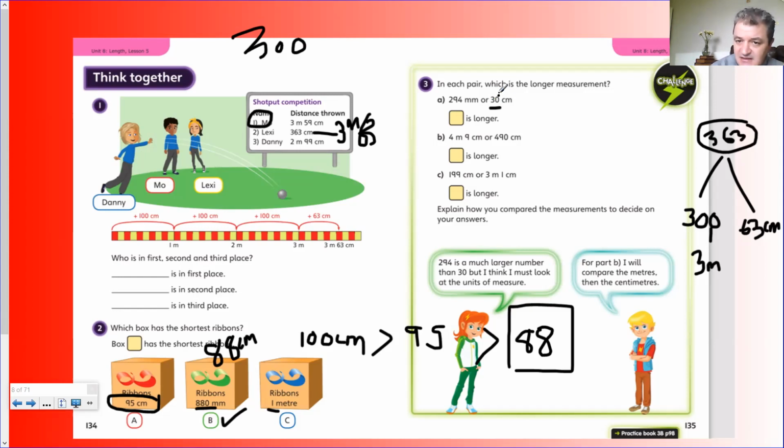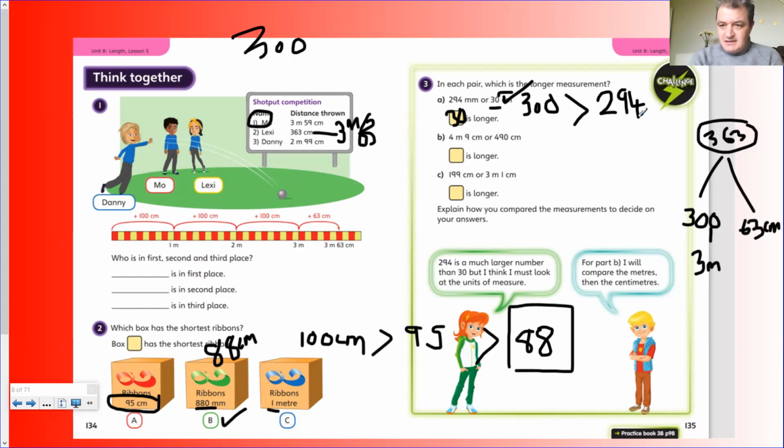So I'm going to make this 10 times bigger. 30 times 10 is 300 millimeters. I can write 300 is greater than 290. Done that as well. Okay, next question.